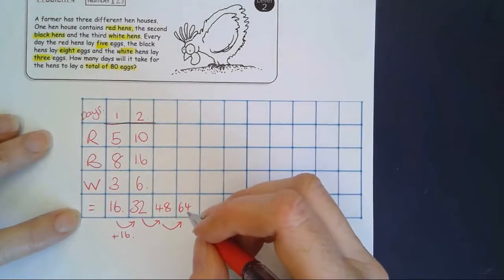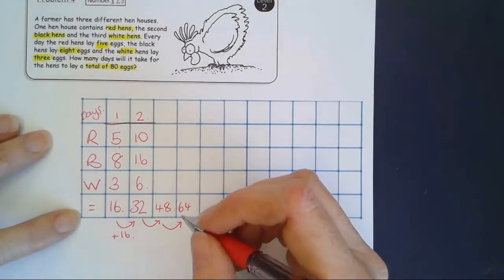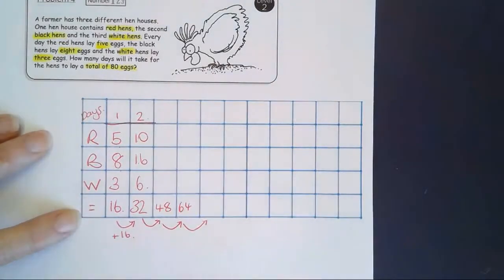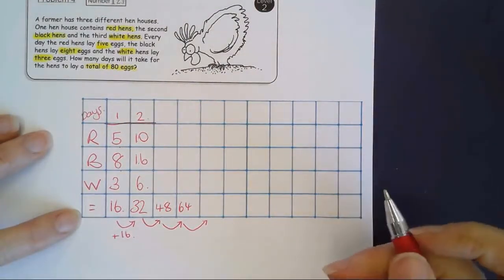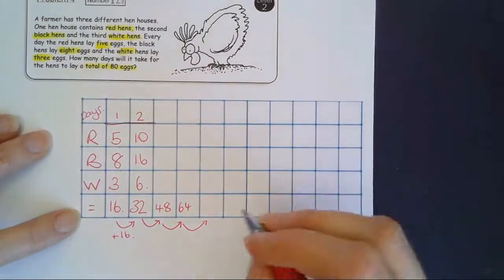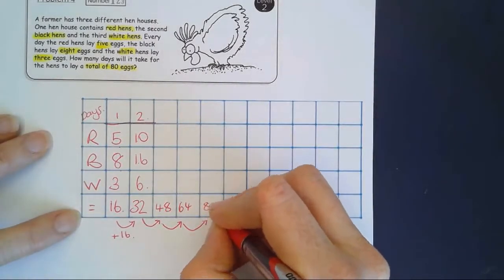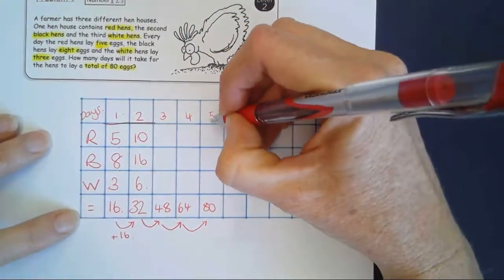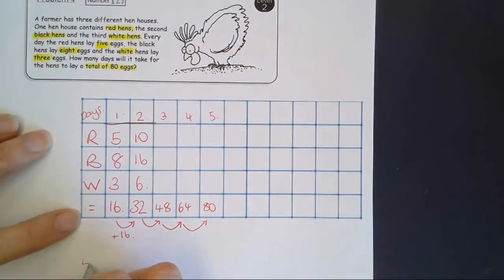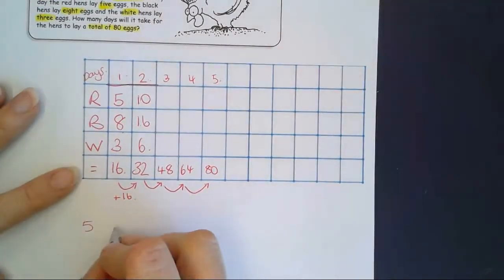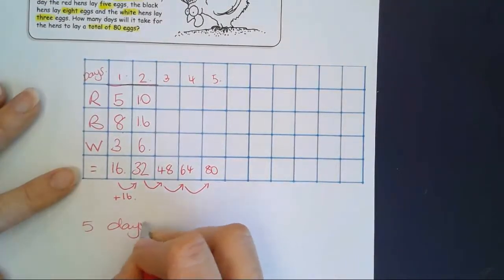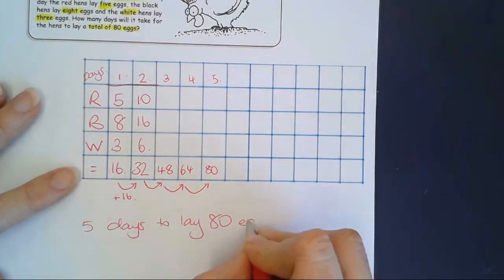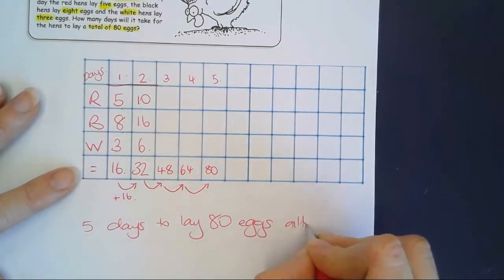So that is day 1, 2, 3, 4, 5. So it takes 5 days to lay 80 eggs all together.